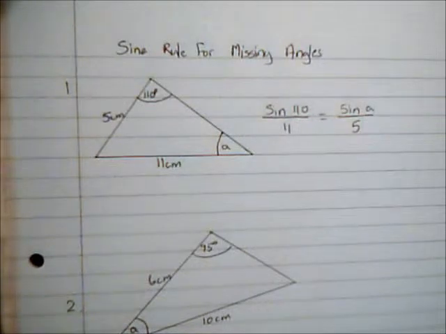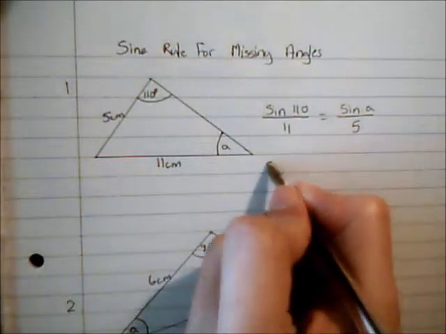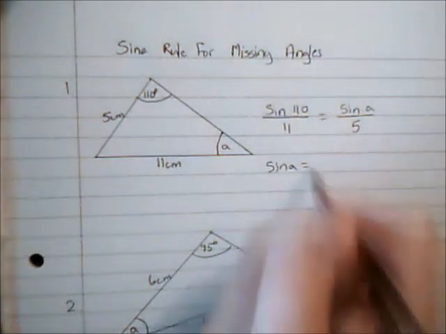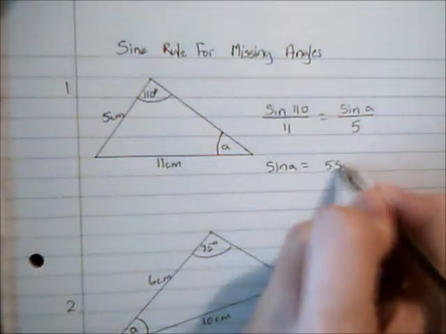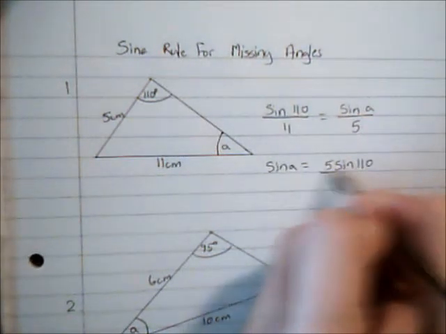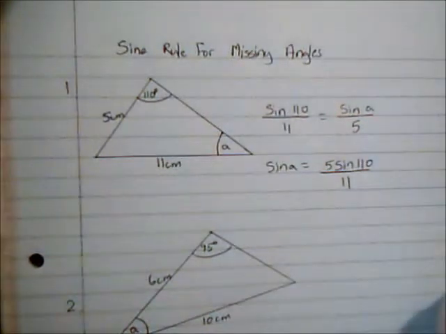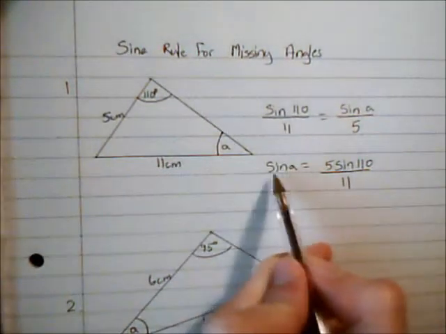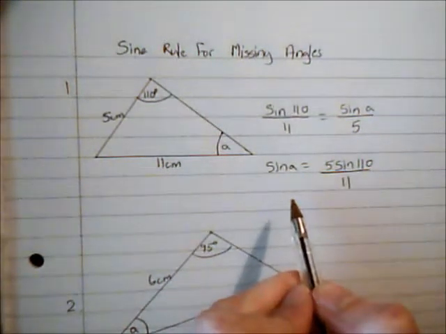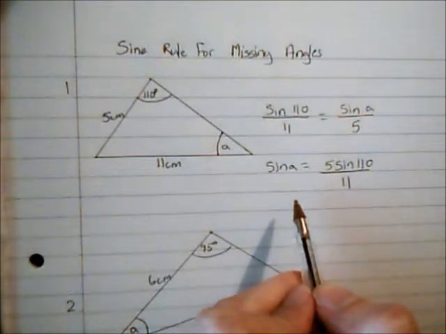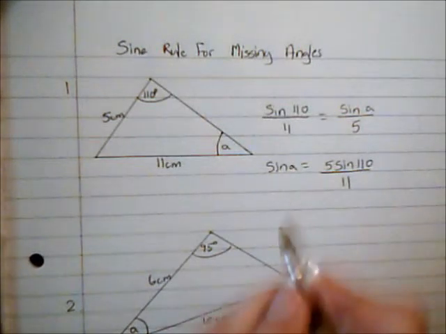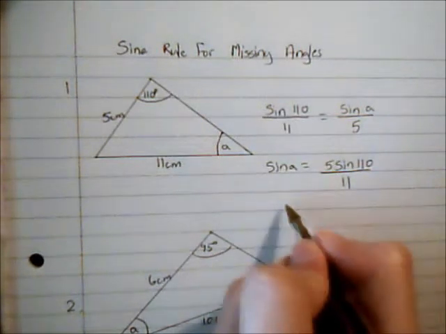So I'm going to multiply through by 5, so I'm going to have sine of A being equal to 5 sine 110 over 11. So now I need to do the inverse operation of sine in order to isolate the A and solve this equation. And we do this using something called arc sine, or sine to the -1 as it sometimes gets called, because that's what it looks like.